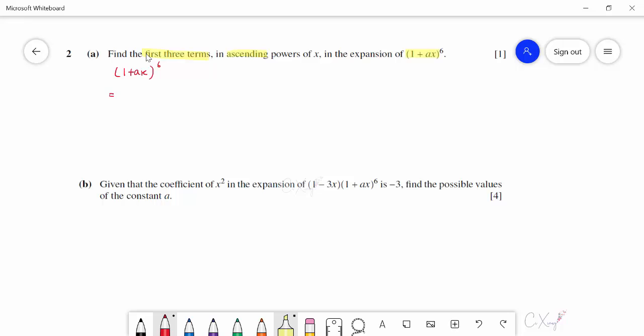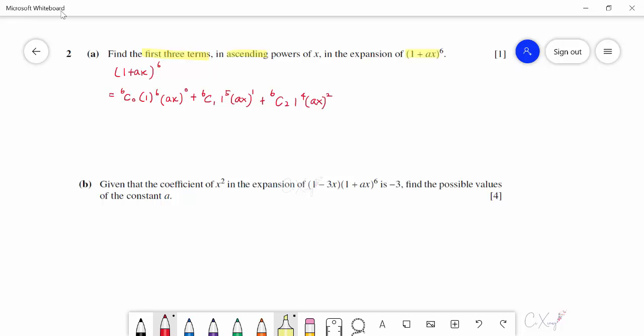First 3 terms means you start from r = 0, which means 6C0, 1 to the power 6, and (ax) to the power 0. Then 6C1, 1 to the power 5, and (ax) to the power 1. Followed by the next one, 6C2, 1 to the power 4, and (ax) to the power 2.